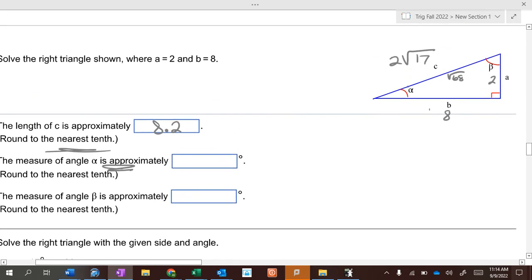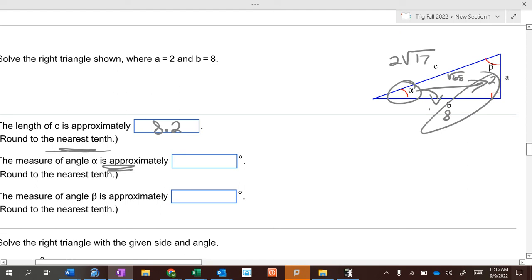Now, what should I use? Should I use 2 and 8? Or should I use 2 and 68? Or 8 and 68? Well, I would prefer to use 2 and 8. Why? Because they're nice numbers. So if this is the opposite side and this is the adjacent side, what trig function am I going to use?